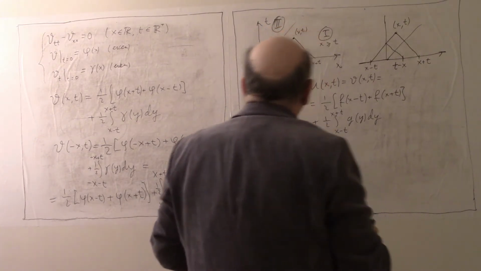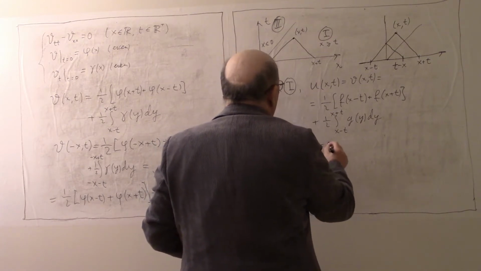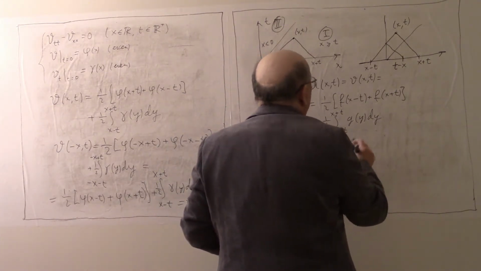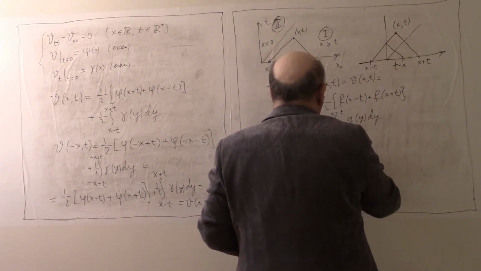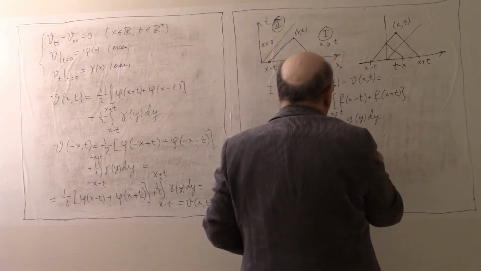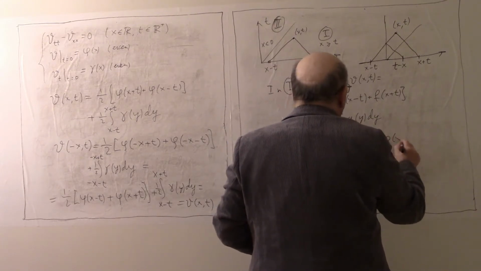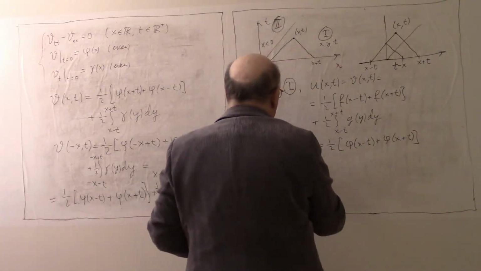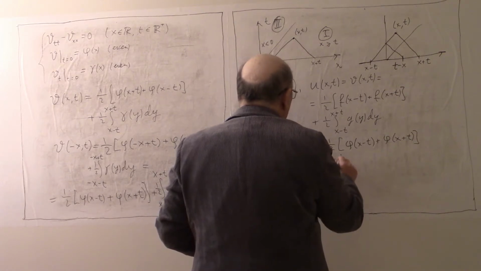And we have the following. u of x,t equals 1/2 of phi of x minus t plus phi of x plus t, plus 1/2 integral from x minus t to x plus t of gamma of y dy.